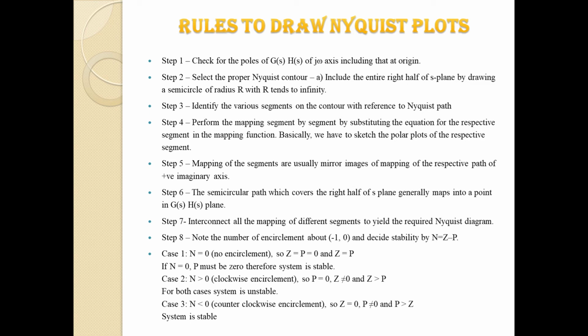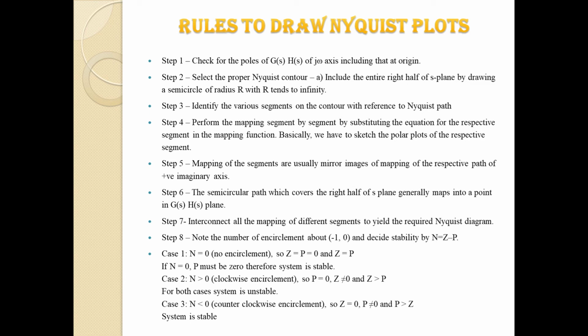Next, the semicircular path which covers the entire right hand side of the S-plane generally maps into a point in the G(s)H(s) plane. So, after mapping all the different segments, we need to merge them and interconnect all the mappings of different segments to find out the required Nyquist diagram.